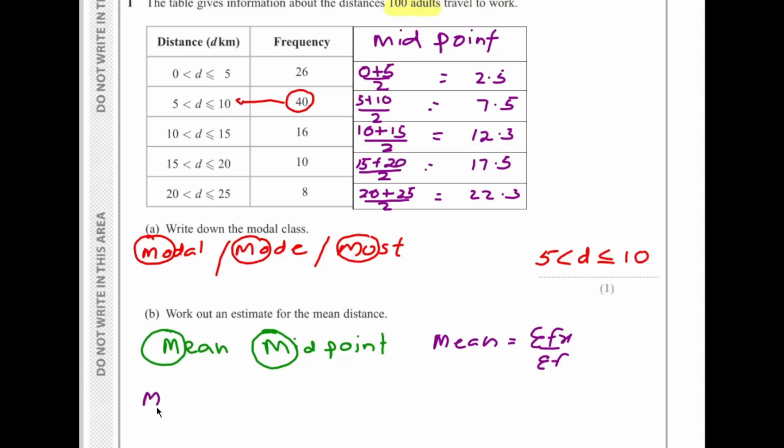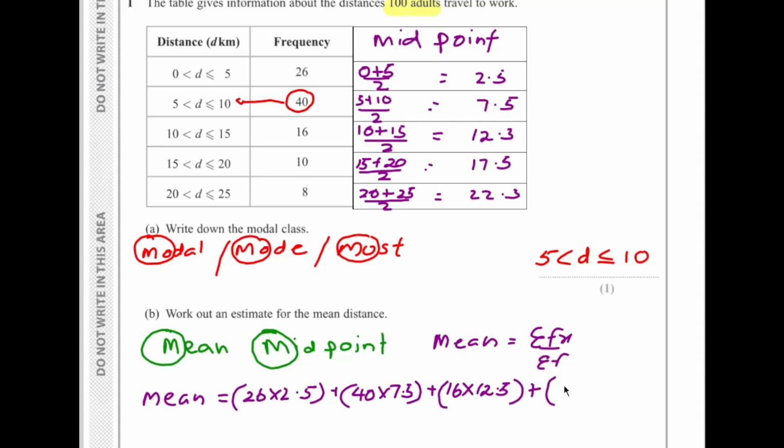Let's get it in this way. Mean equals the first frequency 26 times its class midpoint 2.5, plus the second frequency 40 times its class midpoint 7.5, plus the third 16 times 12.5, plus 10 times 17.5, plus 8 times 22.5.